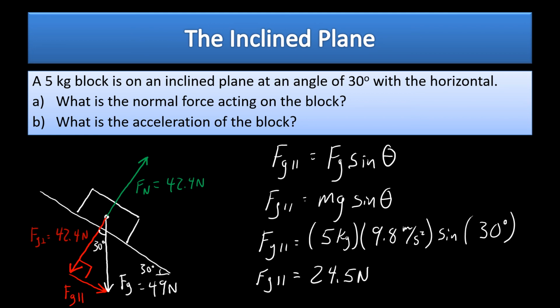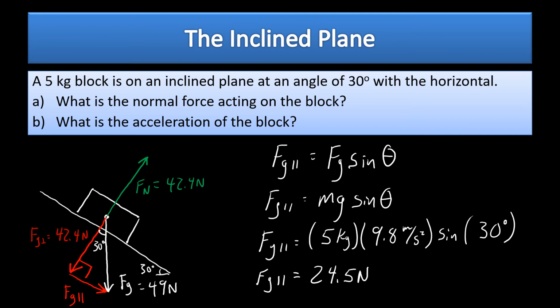So of this 49 newtons, there's only a component parallel to the hill, and it's exerting a force of 24.5 newtons. That's because 30 degrees is not that steep of an angle. It's actually not really to scale, I don't think, here. So yeah, this component's going to be greater than this component because of the angle of the hill. If it was a steeper hill, then this would be greater.